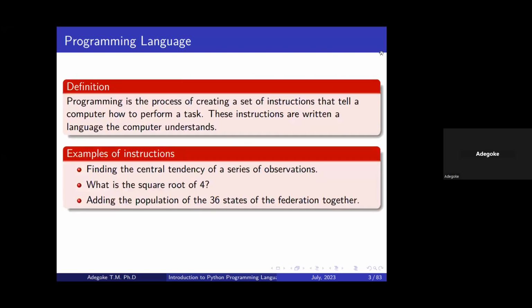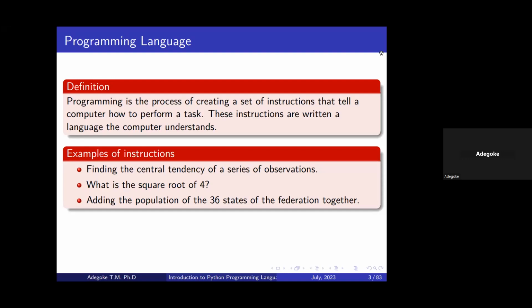Programming is a set of instructions given to computer to perform a particular task. These instructions can be written in any language. The way we are speaking Yoruba, some are speaking Hausa, some are speaking Igbo language. So for us to be able to understand, is to give computer the language it understands.